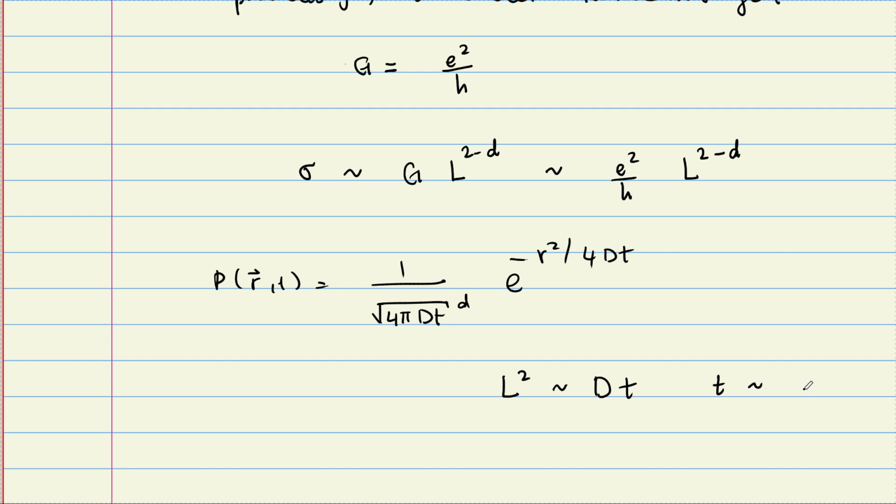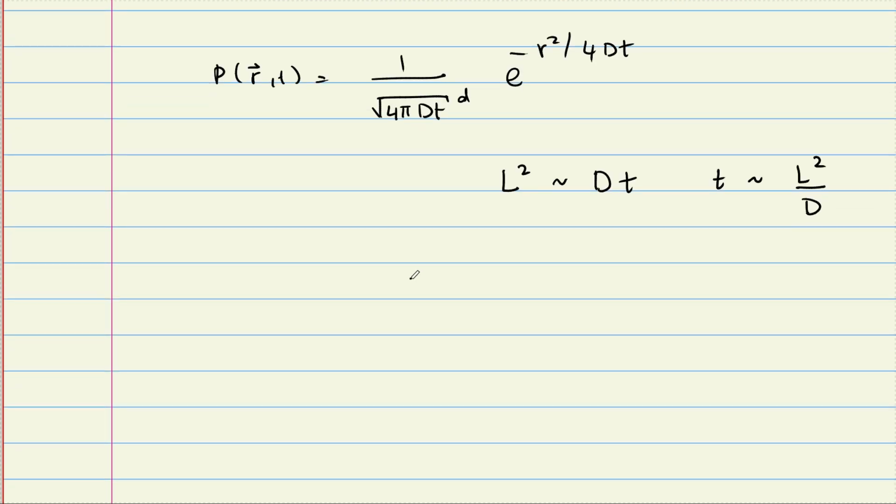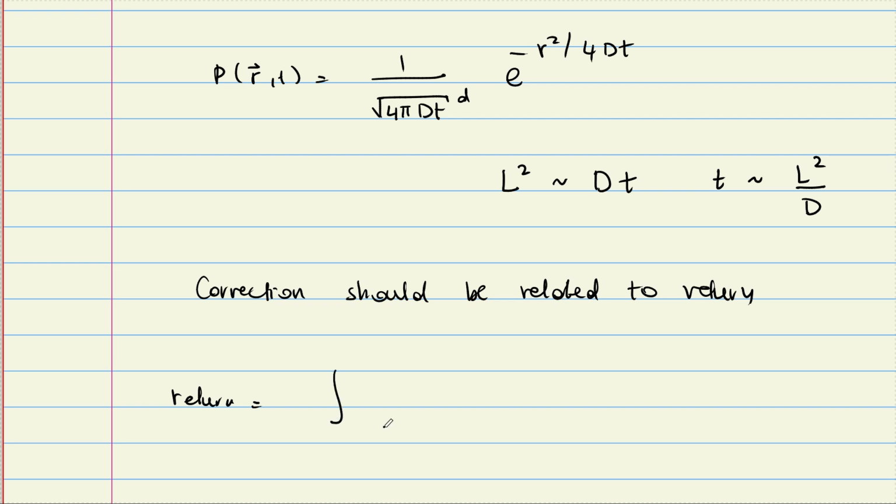Then t has the dimension of L squared over D. And we know the correction should be proportional to return probability. So the correction should be related to return.